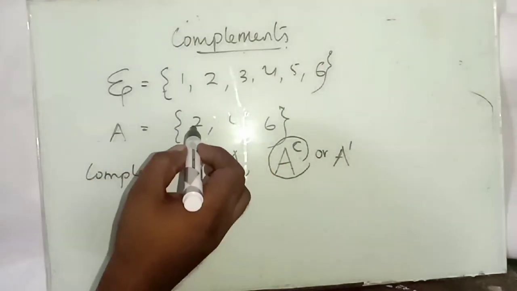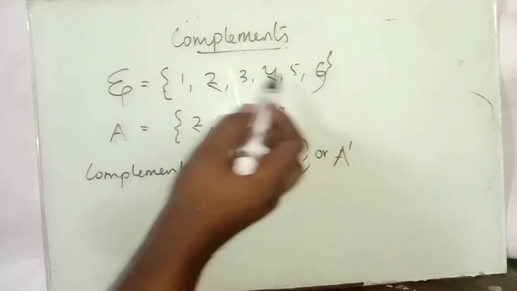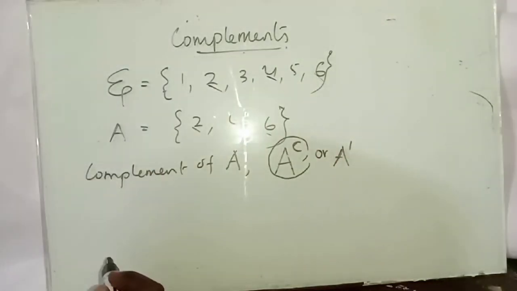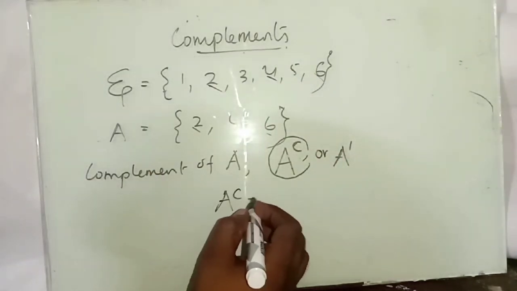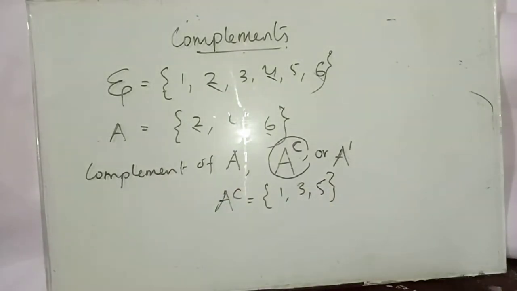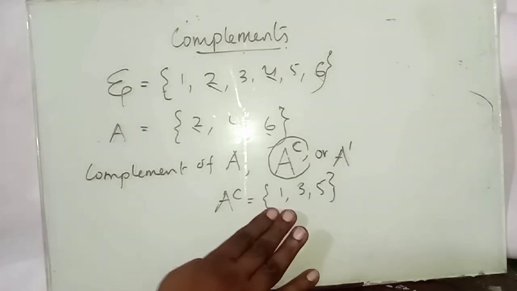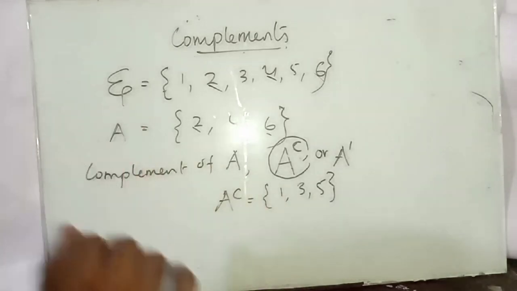If you delete 2, 4, 6 from this, what is remaining? 1, 3, 5. So form that set, {1, 3, 5}. Did you get how to make a complement set? This is known as the complement of set A.